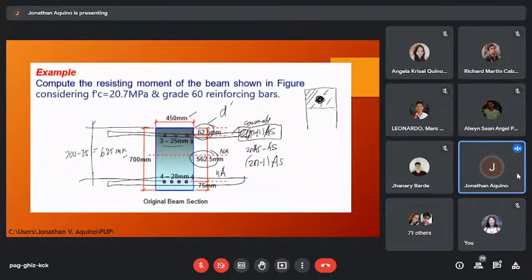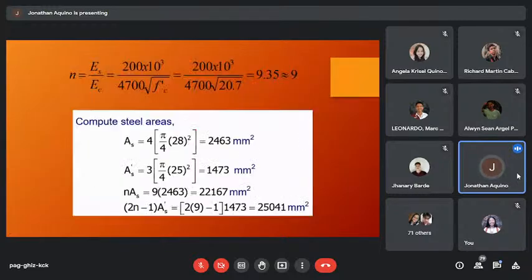So just simply equal to 700, the total height, minus D prime minus 75. So similar to single reinforced rectangular beam, of course, we need to determine the value of N. So the value of N, just simply equal to ES over EC, or just simply 9.35, then rounded to the whole number, so the value of N is equal to 9.